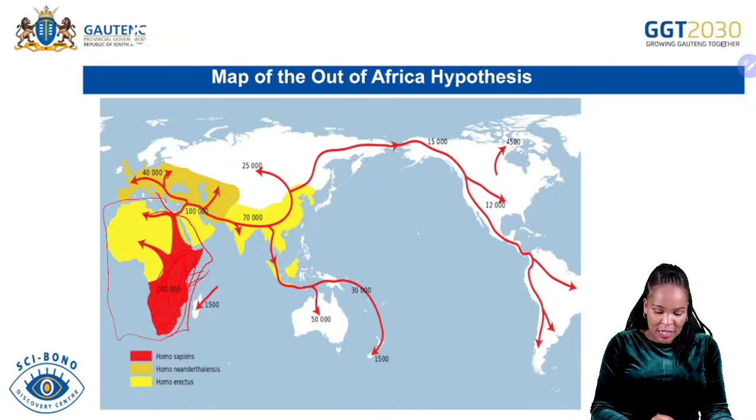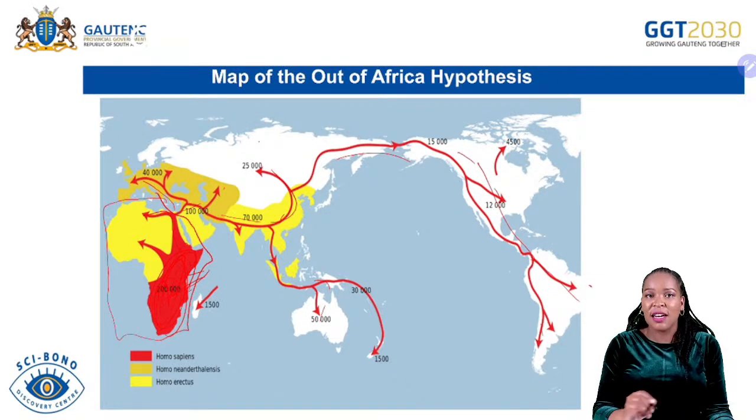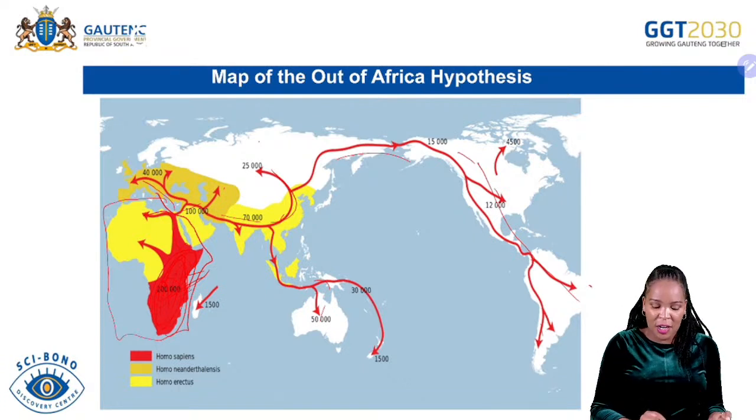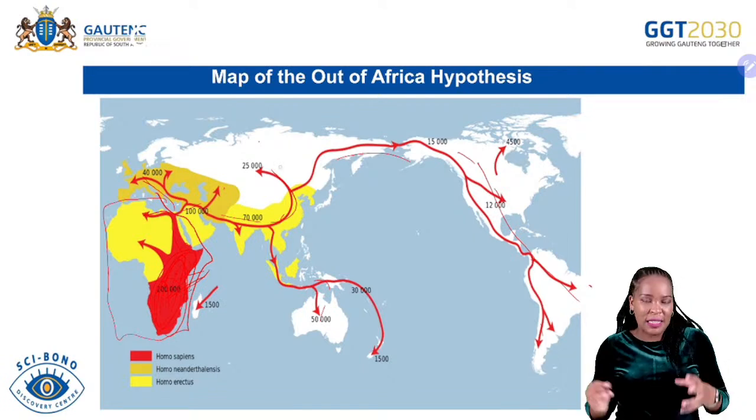Then they migrated. If you follow the arrows, they are now going into different continents. So this is just a statement of the out of Africa hypothesis. This is what it means on this map. What you are looking at is the out of Africa hypothesis, saying that the modern humans originated in Africa and then they migrated to different continents.